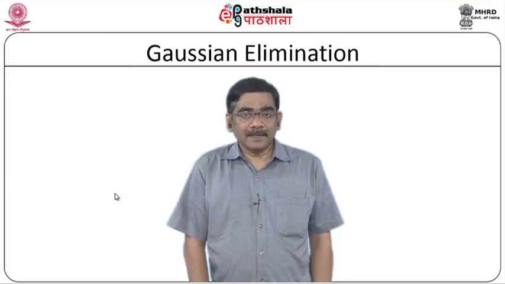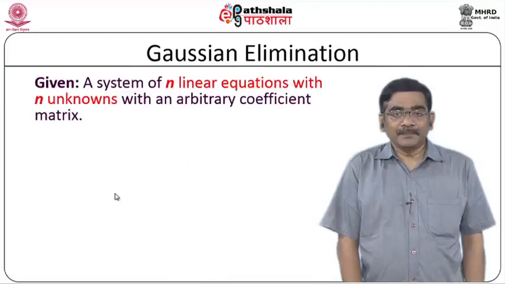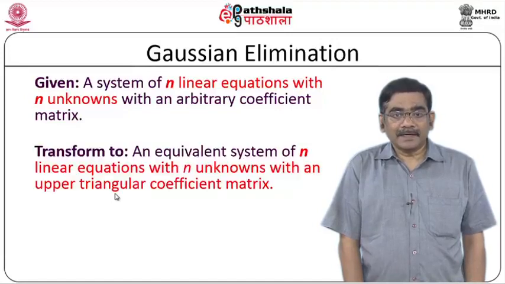We can develop faster algorithms as part of this paradigm by transforming the problem of finding the matrix inverse and determinant to some convenient instance that involves the procedure called Gaussian elimination. The Gaussian elimination problem is very simple. We are given n linear equations with n unknowns with an arbitrary coefficient matrix.